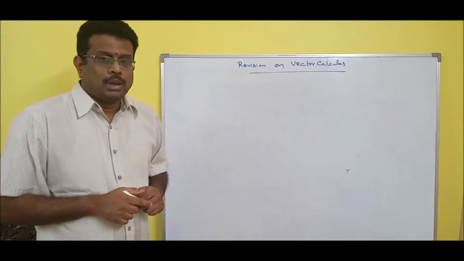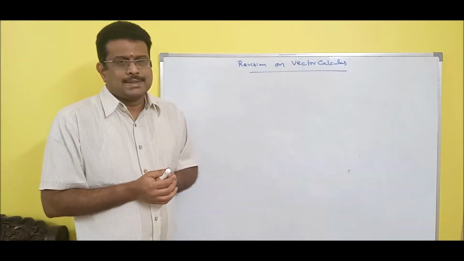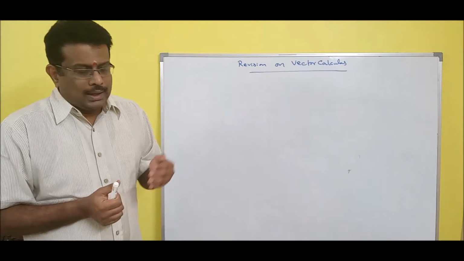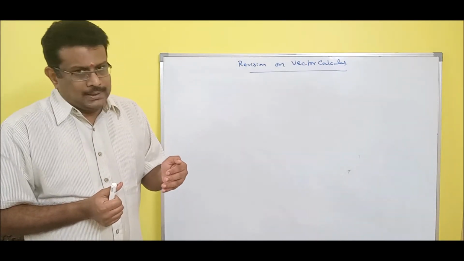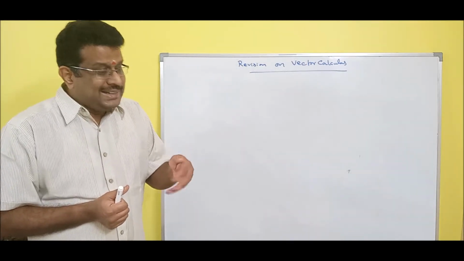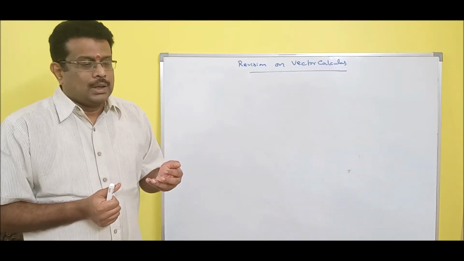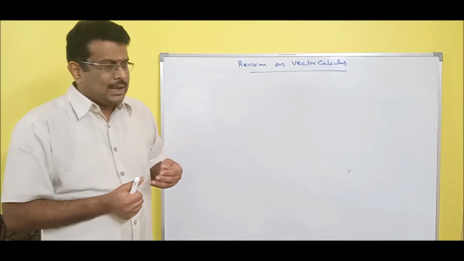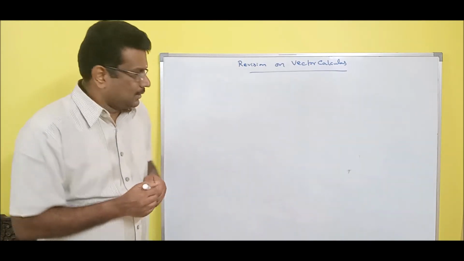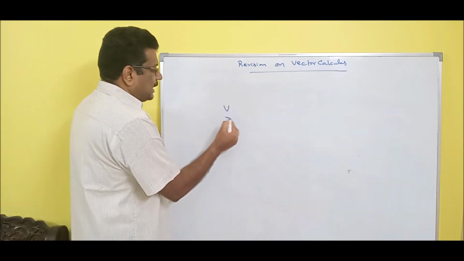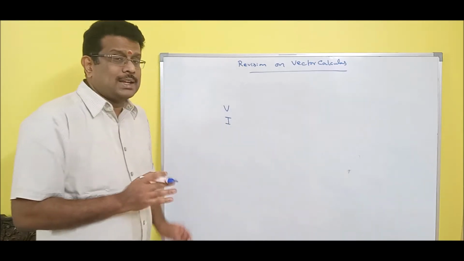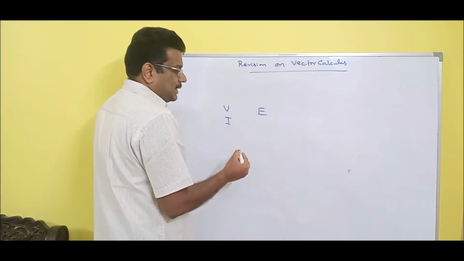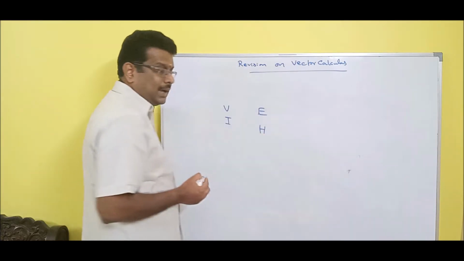So, in the last class, we discussed the reason for difficulty when you deal with electromagnetic waves, that is wireless communication. Handling the parameters voltage and current is not that difficult when you compare to handling the parameters electric field and magnetic field.